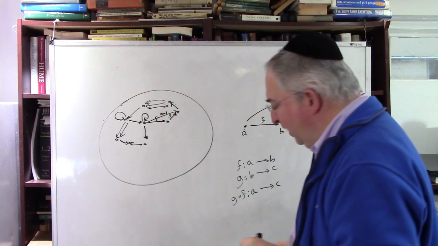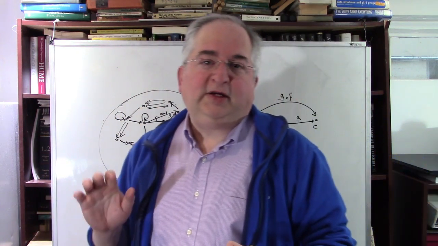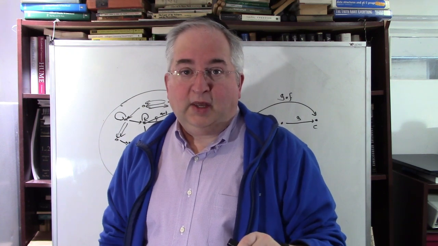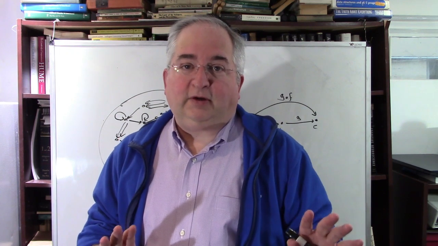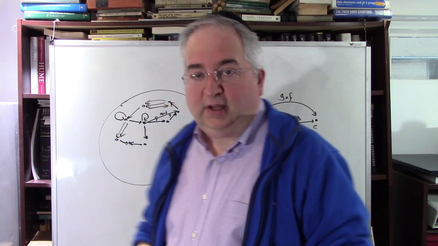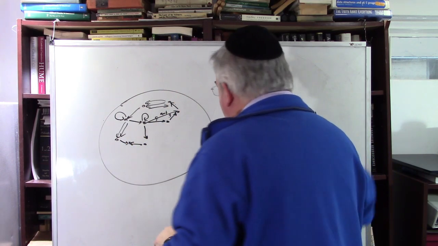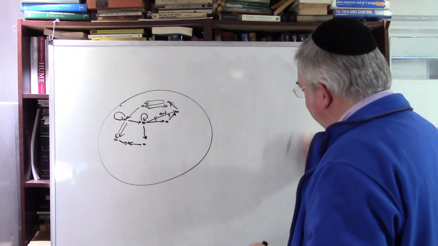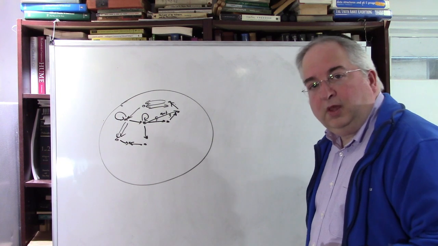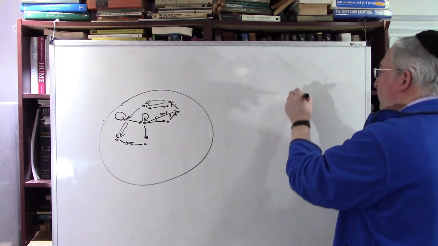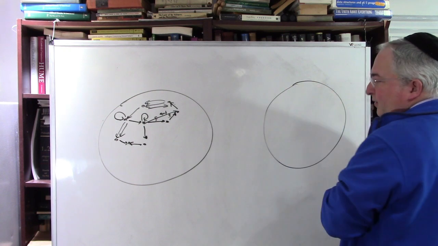Now I want to explain to you why people find category theory to be difficult, and then I'll show you why it's not difficult in this book, and that's very nice. Because once you have a category, guess what you do? You talk about another category.